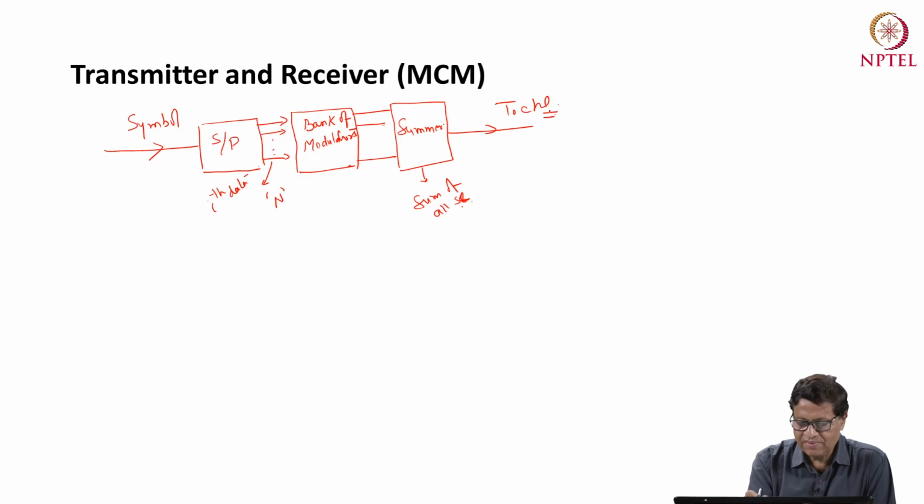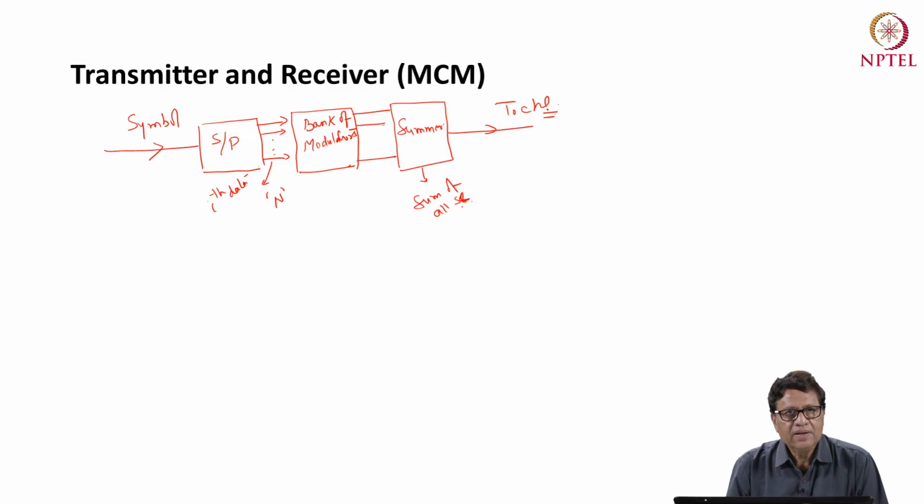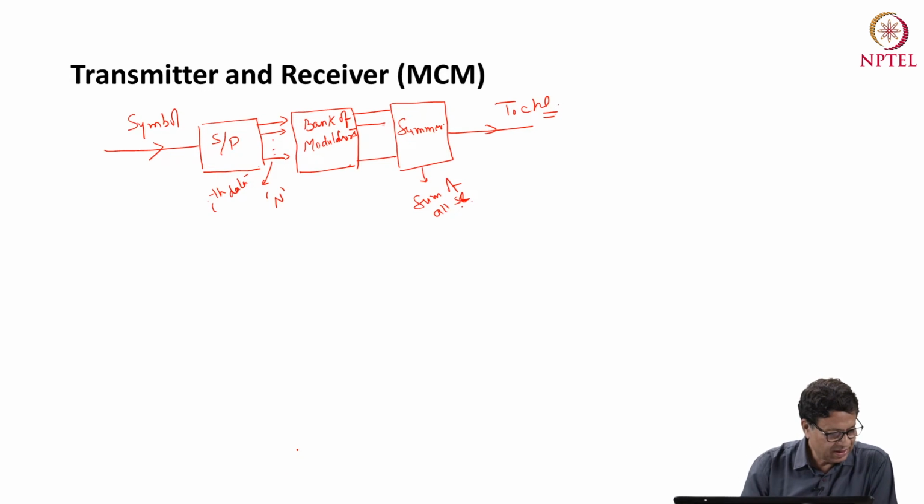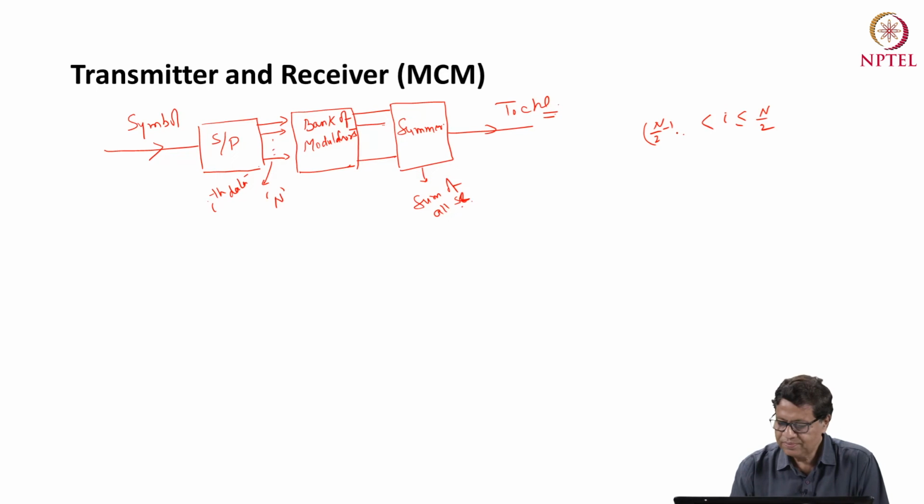So this is a transmitter for a multi-carrier modulation technique. Here i is between minus N by 2 and N by 2 minus 1. So you require N modulators, one for each subcarrier.